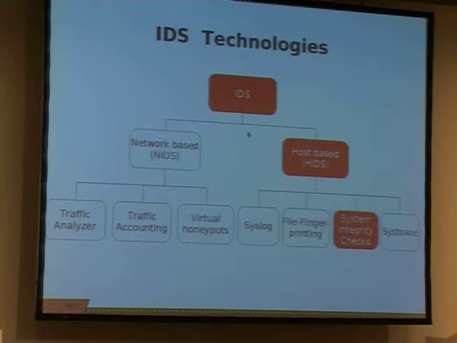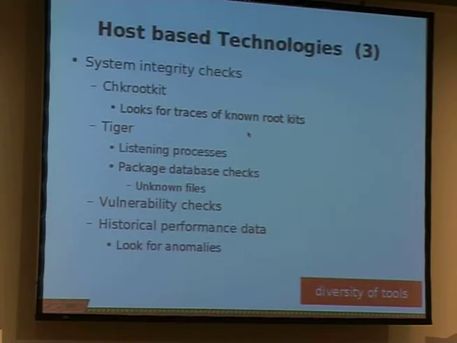Beneath the previously introduced host-based systems, there are also some system integrity checkers that I want to mention only as examples. For example, chkrootkit looks for traces of known rootkits.